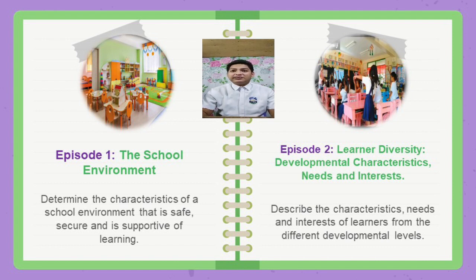So when you become future teachers, of course, there is diversity of learners, and when you prepare instructional materials, when you prepare your lessons, of course, it will vary depending on the needs and levels of the learners.